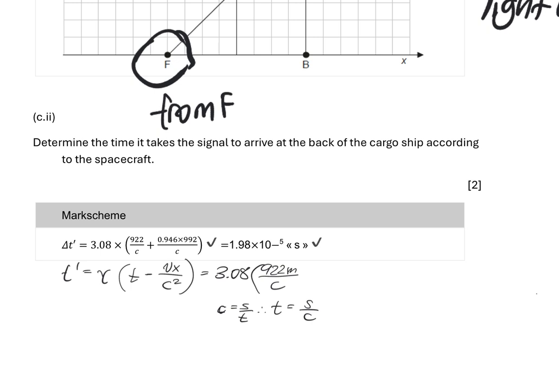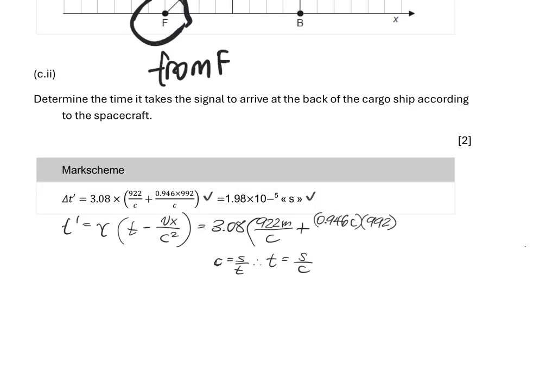And if v is d over t, or c is s over t, so their t is s over c, the proper length over the speed of light, so it'd be 922 meters over c. Sorry, that would be the contracted length, the 922 meters. The 992 meters is the proper length, and that's going in here for x.